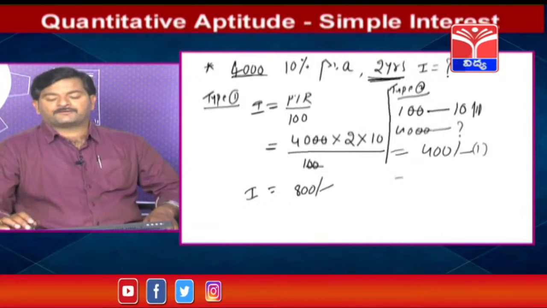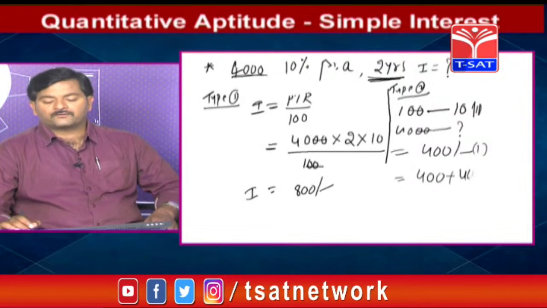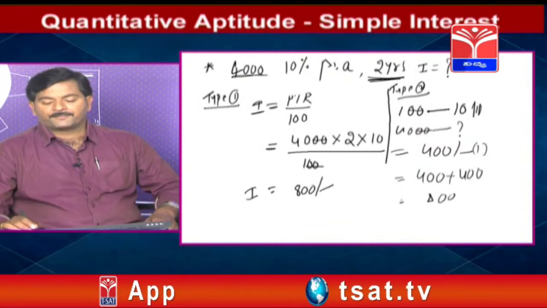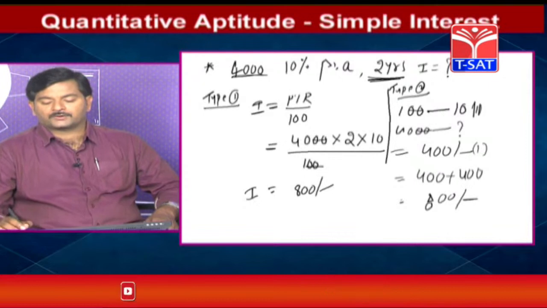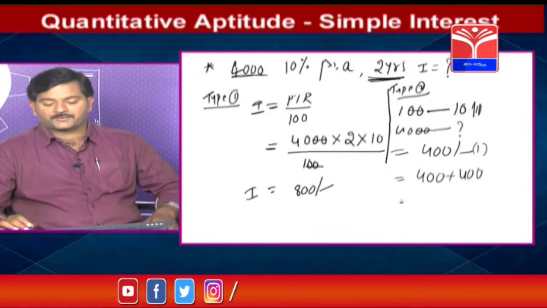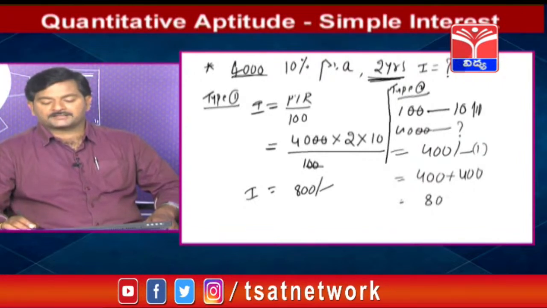If for 1 year it is 400, then for 2 years it is 400 plus 400, which is 800 rupees. I hope you understood. Whether by type 1 or type 2, we get the same answer.